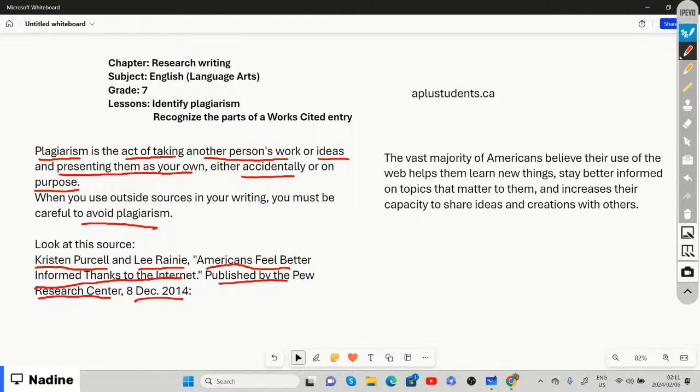And if we look at, we have a source, right? We said that we have the source, which is by Kristen Purcell as well as Lee Rainey. And this is basically a piece of the text that was taken from the journal. It says the vast majority of Americans believe their use of the web helps them learn new things, stay better informed on topics that matter to them, and increase their capacity to share ideas and creations with others.